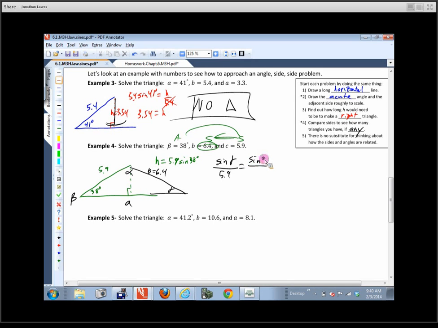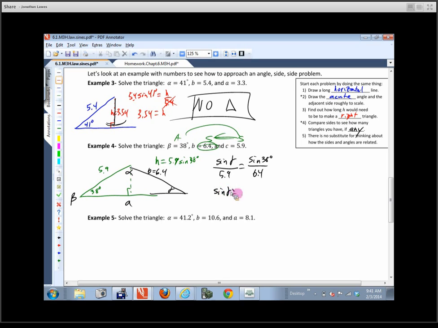Okay, and then what do I put over here? Sine of 38 degrees over 6.4. So again, I've got the angle and the corresponding side matched up. Angle, corresponding side matched up. Angle right here, corresponding side over there.